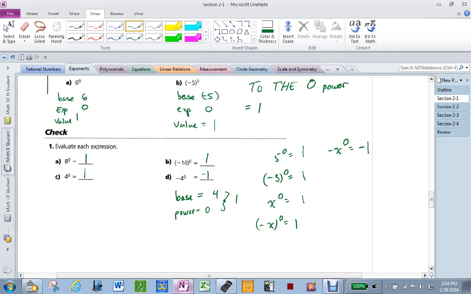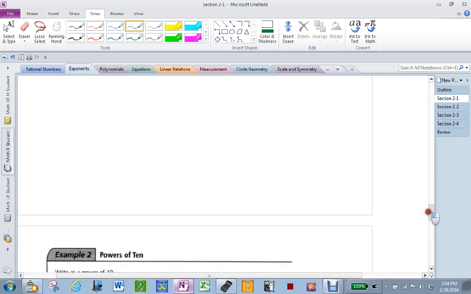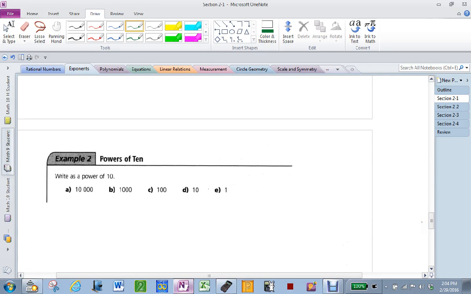Negative 1. What is negative 7,735 to the 0? Positive 1. Do you get it? Yes. I'm probably going to forget all this tomorrow. I doubt it because I'm giving you homework on it.